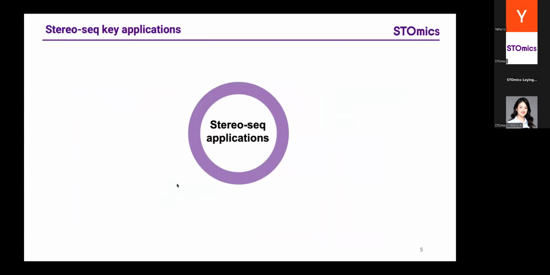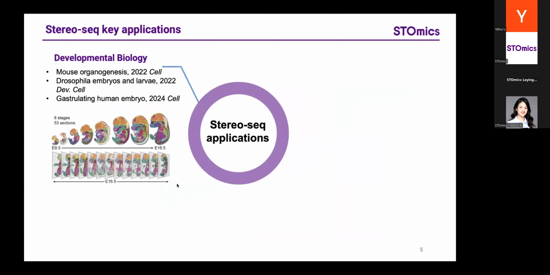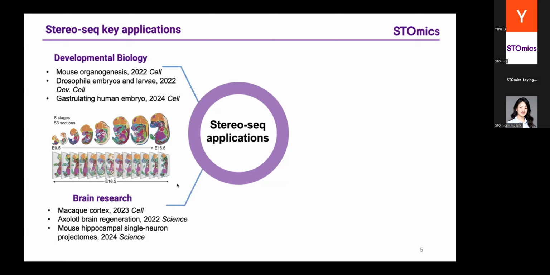Stereo-seq supports a wide range of research areas. First, developmental biology. In our first Stereo-seq paper, published in 2022, we applied Stereo-seq to mouse embryos at different developmental stages to study mouse organogenesis. Next, brain research.